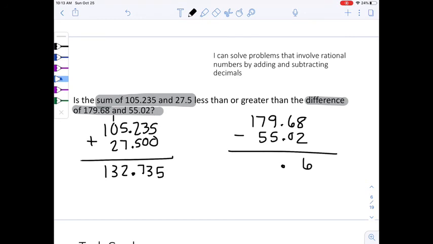Then I carry that decimal down, and then I'm just going to treat this like a normal subtraction problem. 8 minus 2 is 6. 6 minus 0 is 6. 9 minus 5 is 4. 7 minus 5 is 2. And then I carry down the 1. So we know that this first total of 132 and 735 thousandths is great.